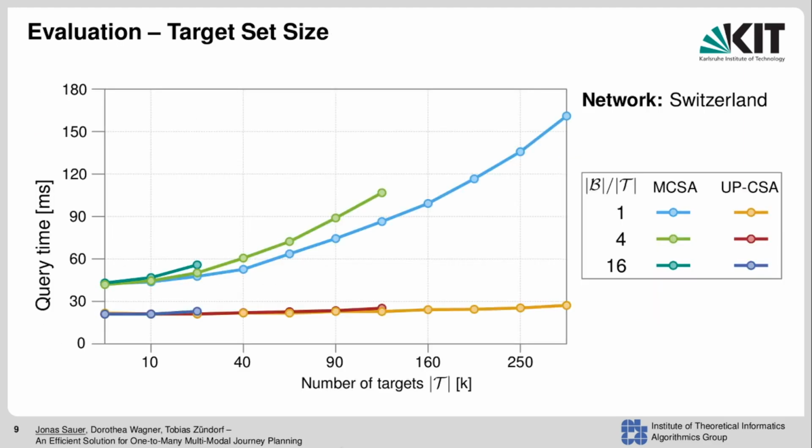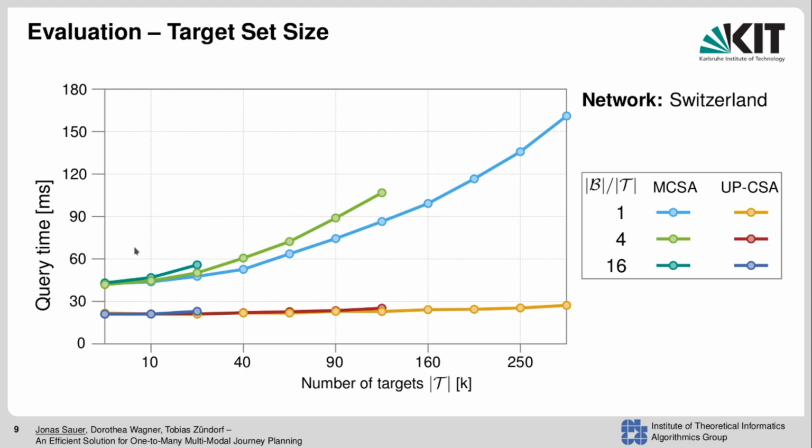So here we have a plot showing the performance of our 2 algorithms depending on the target set size and the ball size. The 3 lines up here show the performance of the MCSA algorithm, and the different lines are for different ratios of ball size to target set size. The reason some of these lines end prematurely is because in these cases the ball started to outgrow the size of the graph.